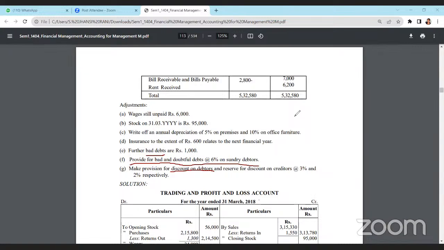Sundry debtors or debtors are one and the same meaning. So when these three are given, there is a sequence.